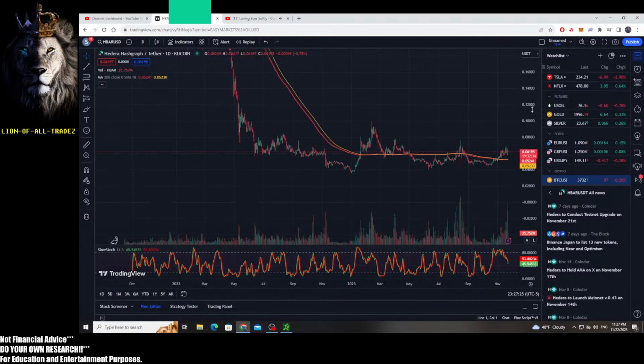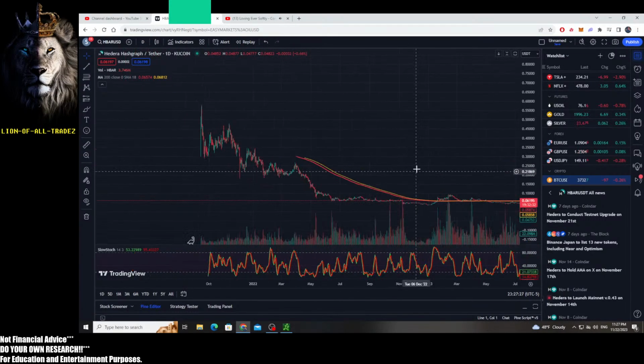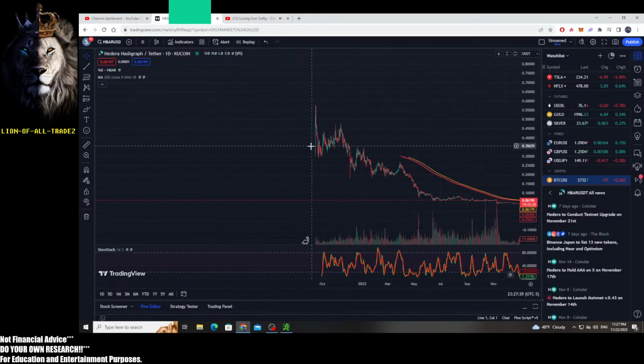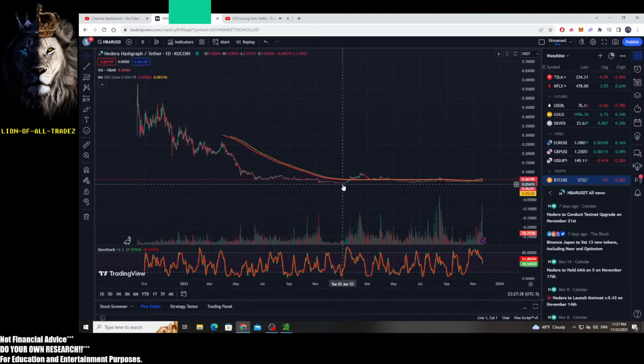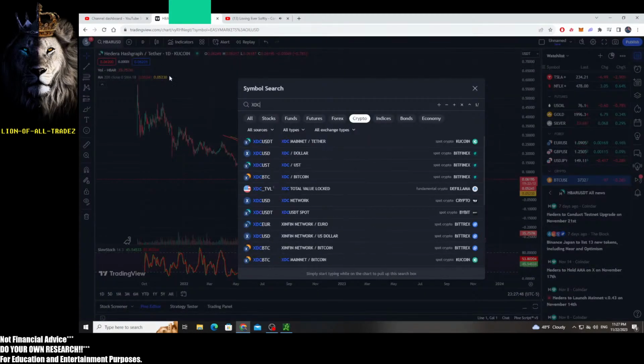And what was the high of HBAR when this actually listed? 57 cents. Low of 3 cents. This is another one I was looking into. I think the other one was XDC.